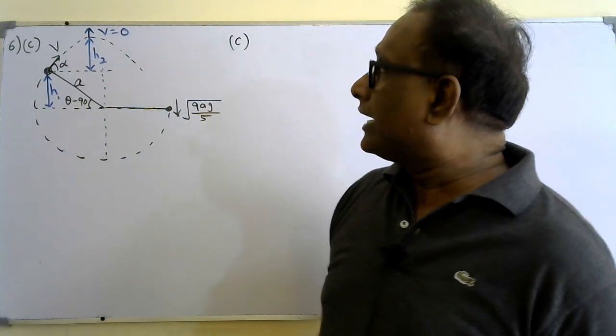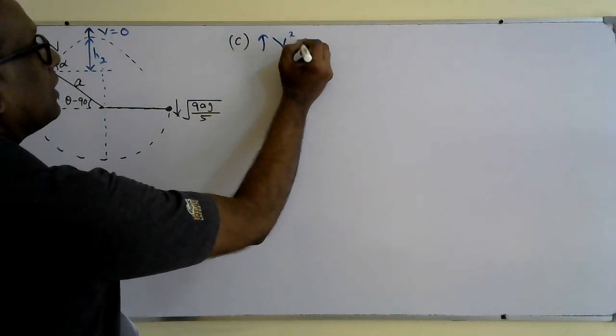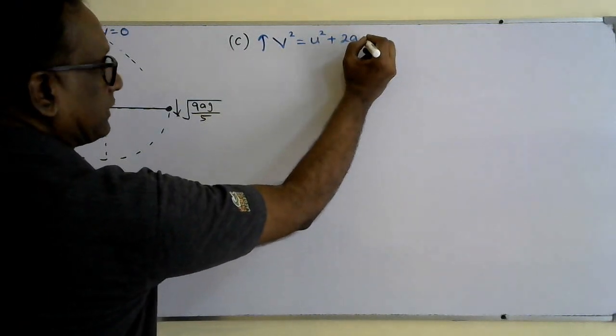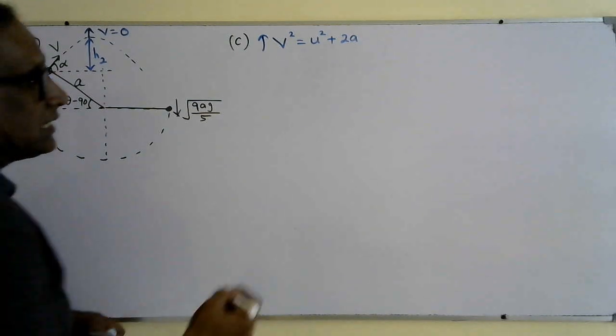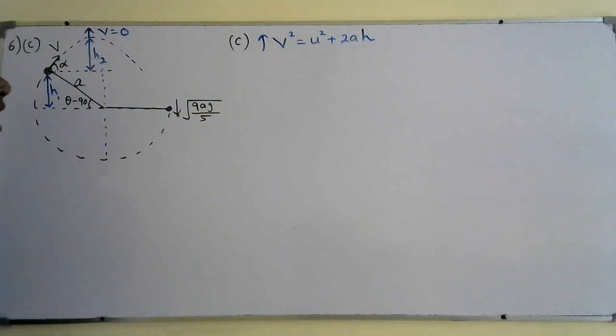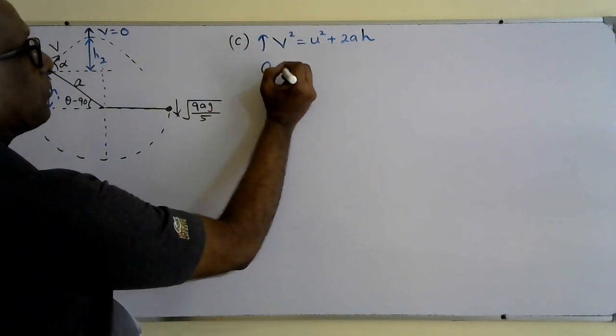So we can use, vertically upwards, v squared equals u squared plus 2as. Don't get confused with s, they are using s for tension, so I'll put 2ah. At the highest point the vertical component of the speed becomes 0.